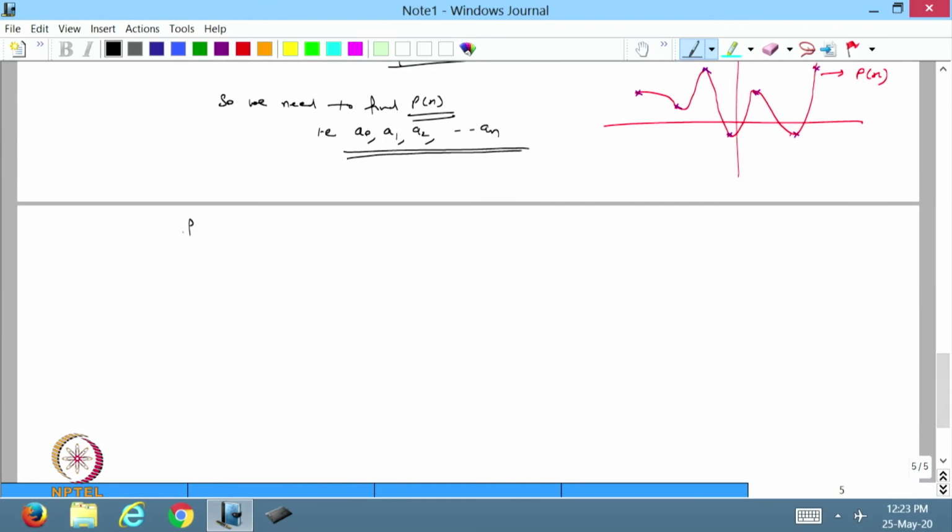Now, from equation number 1, let us check what y is at x0. The first initial point is my x0.